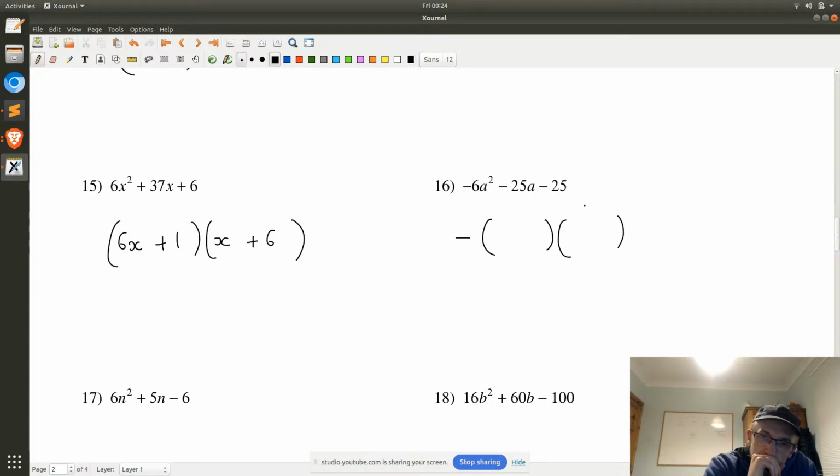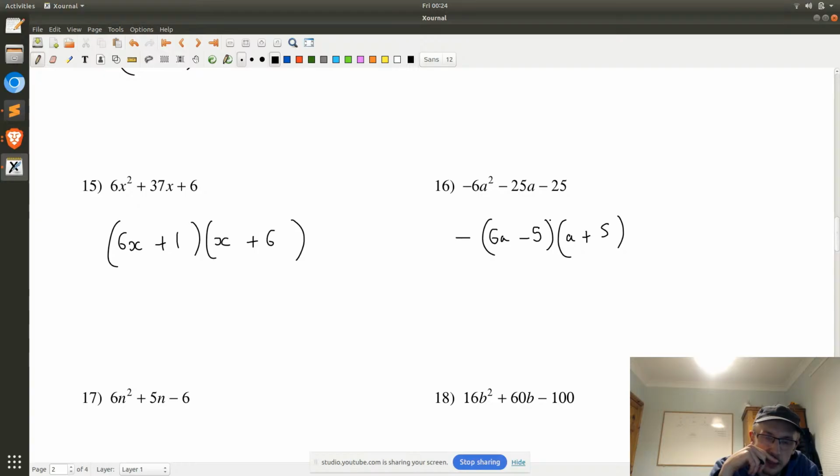Now. Oh, I know. No, actually, that's not going to work. You do that, and I see where you're coming from. 6a squared plus 25, take 25.